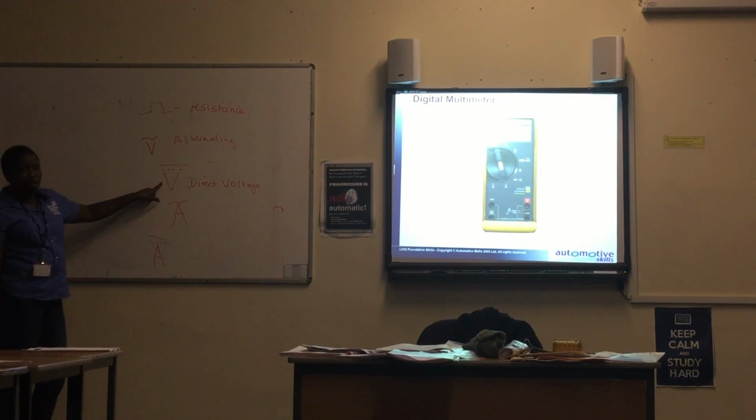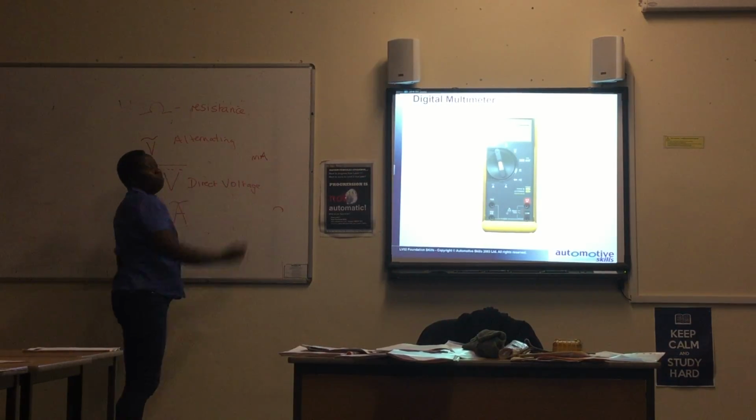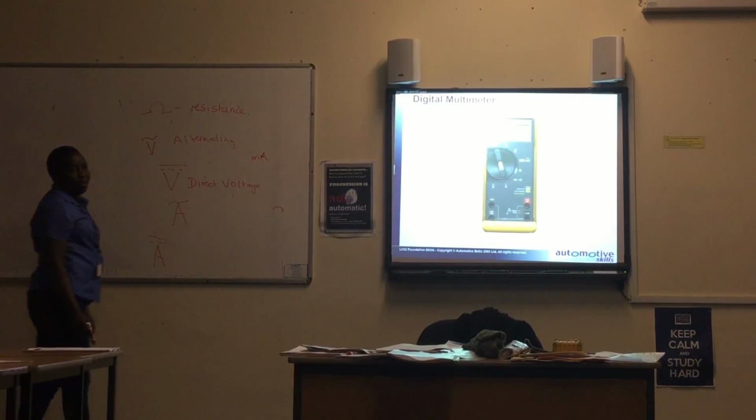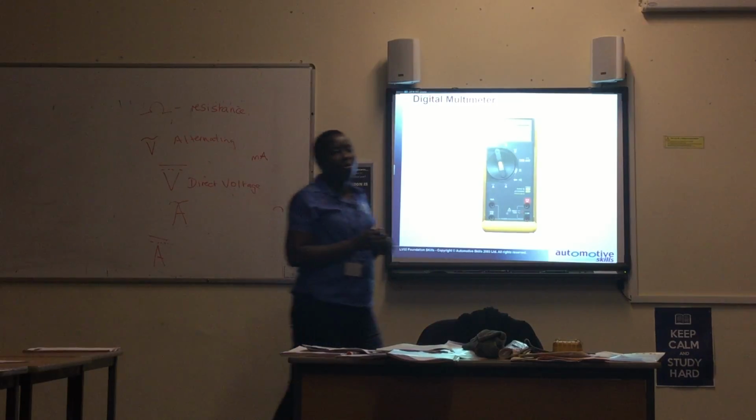Then V, voltage. A wave alternating, straight line direct. Then a small m with a big A, milliamps. Small m with a big V, millivolts, and so on.